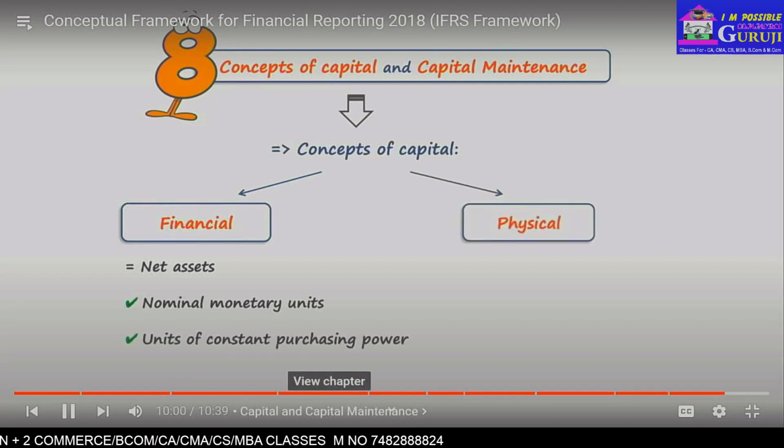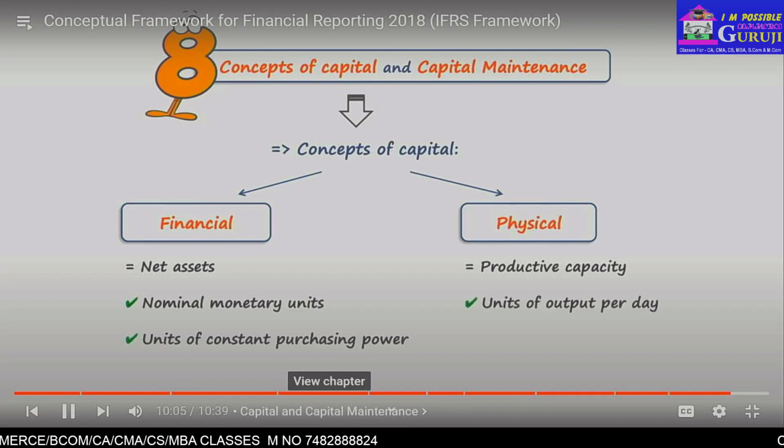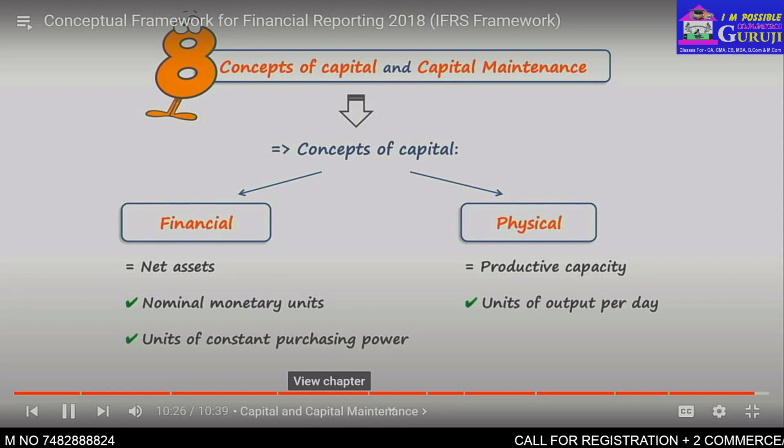Physical capital is regarded as the productive capacity of the entity based on, for example, units of output per day. And here the profit is earned when its physical productive capacity increases during the period, of course, after excluding the movements with equity holders. And the main difference between these concepts is how the entity treats the effect of changes in prices of assets and liabilities. So that was a short summary.